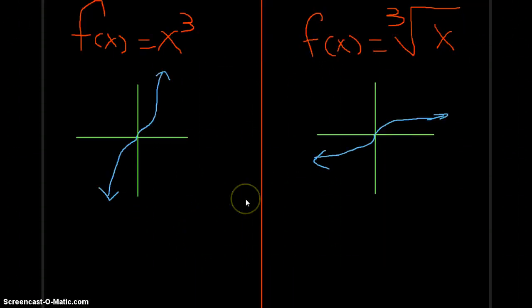Just like when we had a quadratic function and a square root function that were inverses of each other, these two graphs also are inverses of each other. And what that means is if we take the line y equals x that goes right through here, and we were to flip the graph over this line, we would turn this graph into this graph.